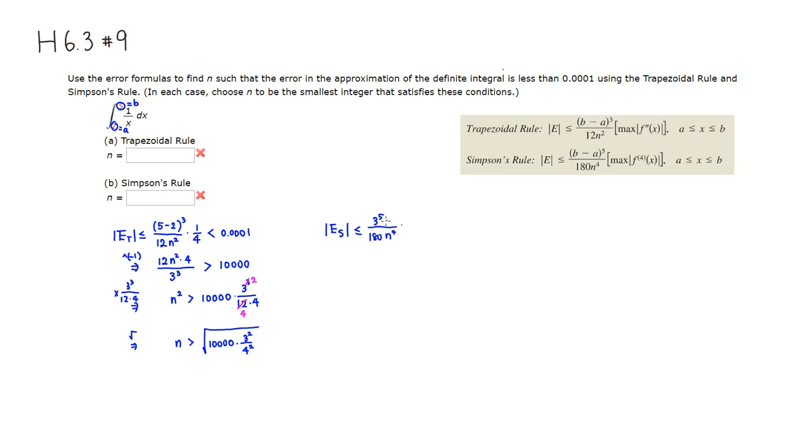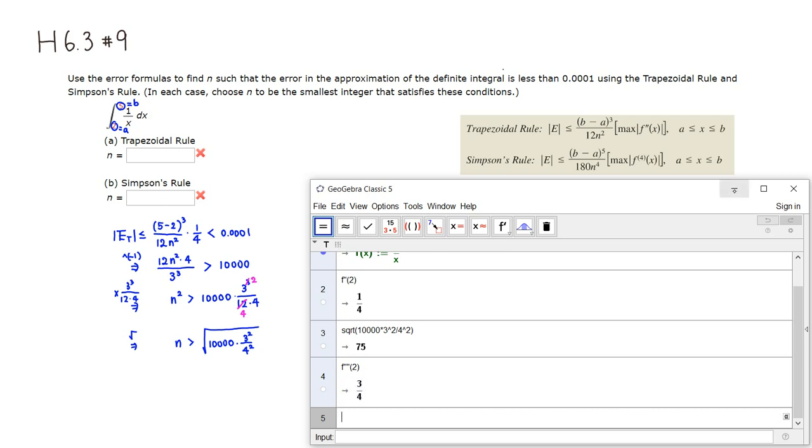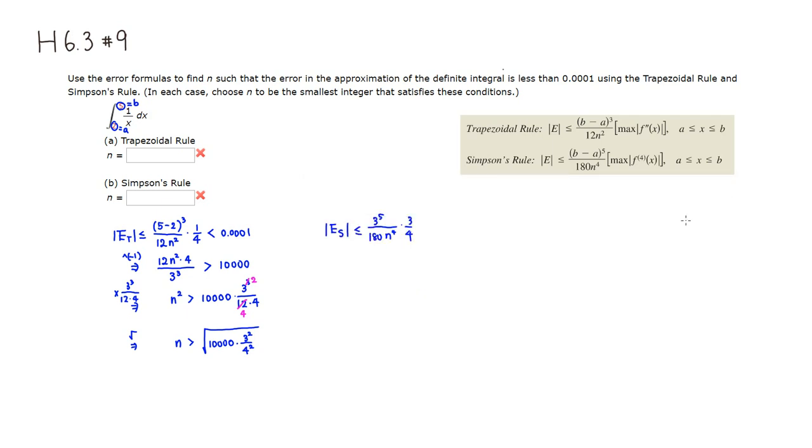We found that the maximum of the 4th derivative is 3/4. Then we want this to be less than 0.0001. Let's solve this.